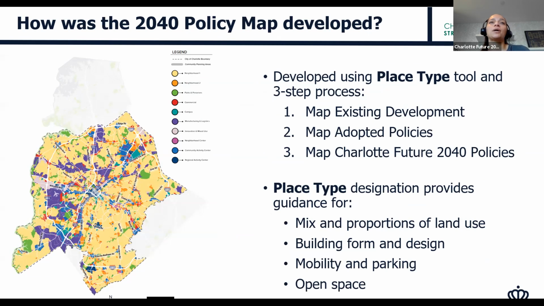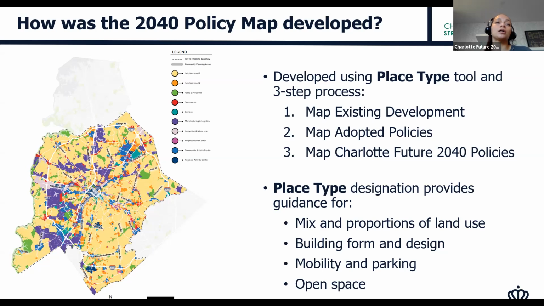How was the 2040 policy map developed? We used a tool called place types, and we followed a three-step process, basically. The place type tool is basically a designation that provides guidance for the mix and proportions of land uses, the building form and design, mobility and parking, and then your open space.